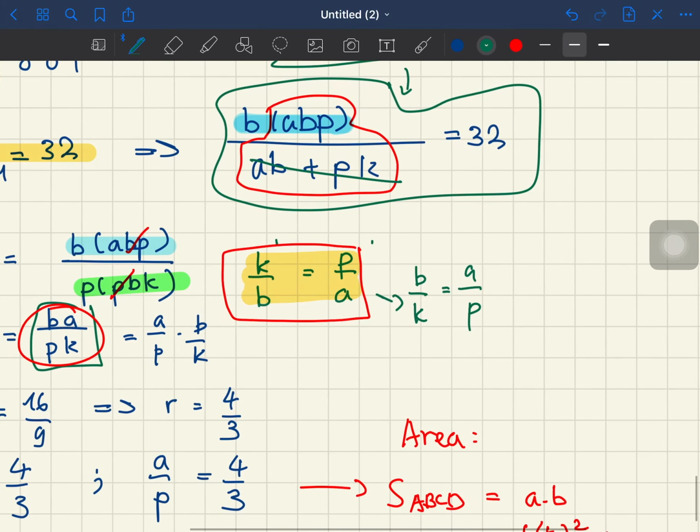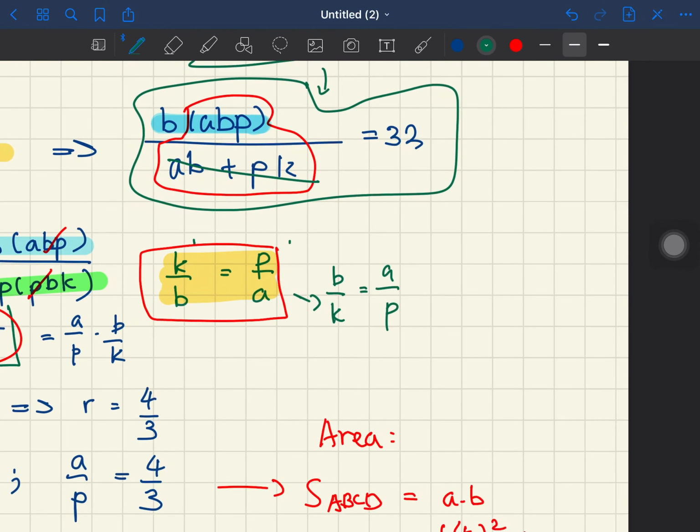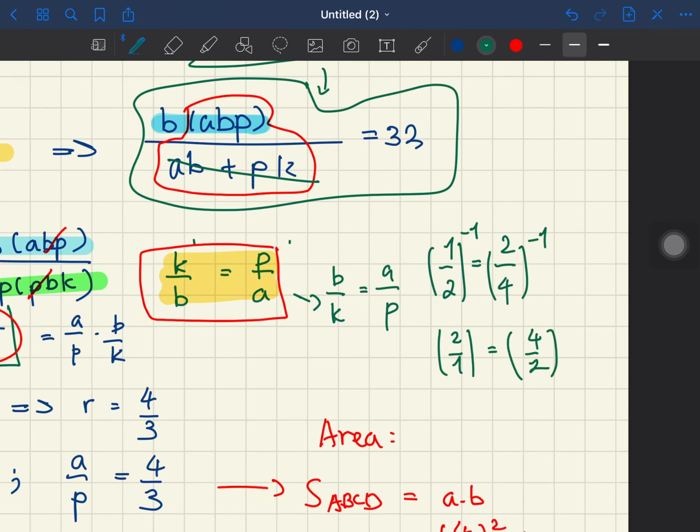For example, I give you concrete numbers. If you have 1 over 2, well, 1 over 2 equals to 2 over 4. Right, because if you try to simplify 2 over 4, you will get 1 over 2. And so if you try to raise both of them to the power of negative 1, meaning that you're going to invert them, you will get 2 over 1 here, and then equals to 4 over 2.